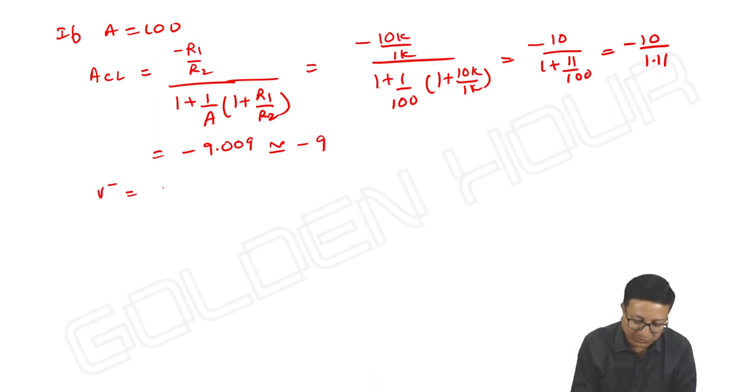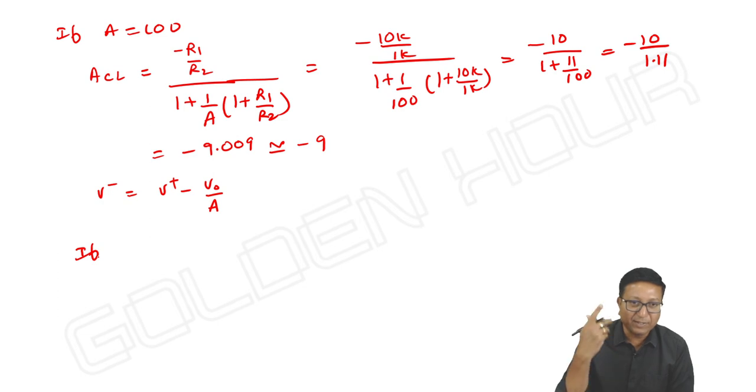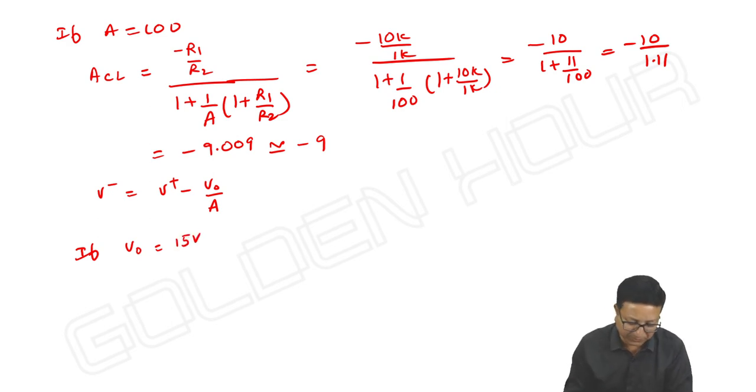Next, what about V minus? It is V plus minus V output by A. Suppose I'm taking the extreme values of the output, something like plus or minus 15 volts.